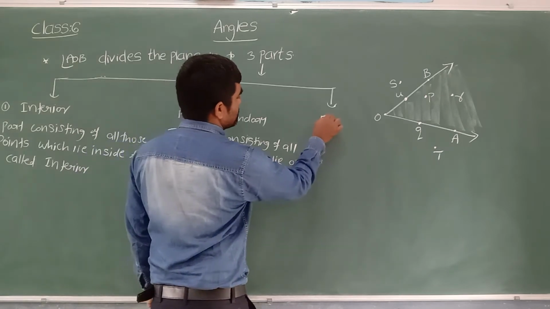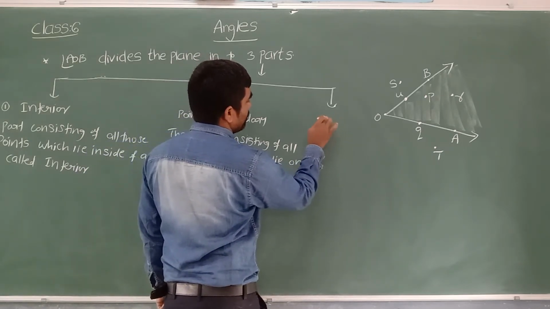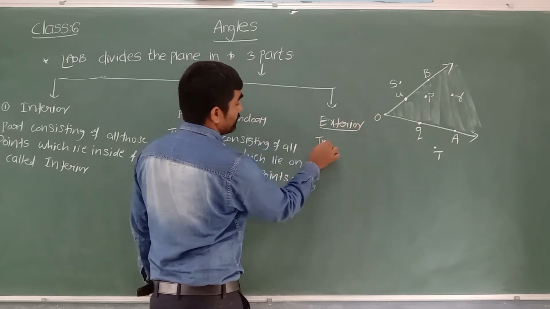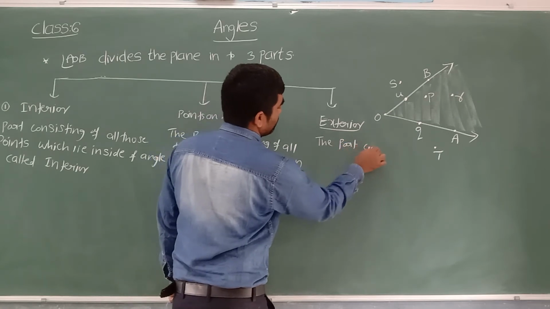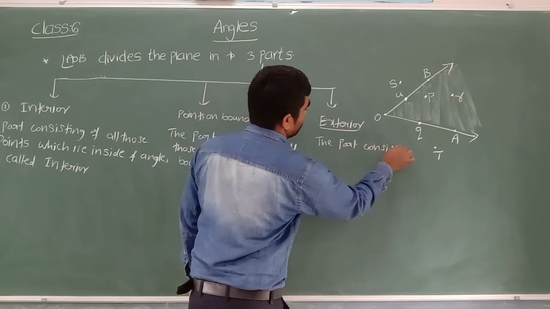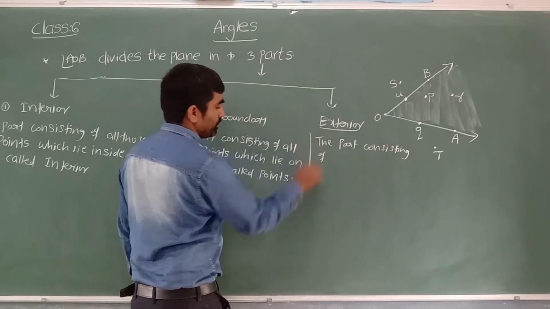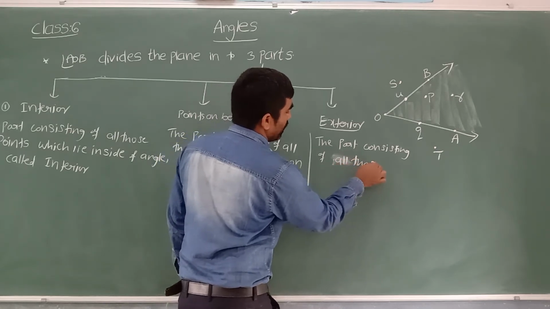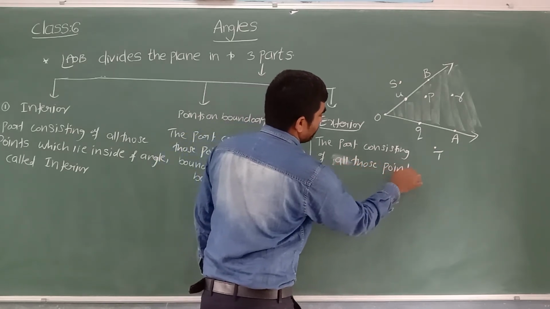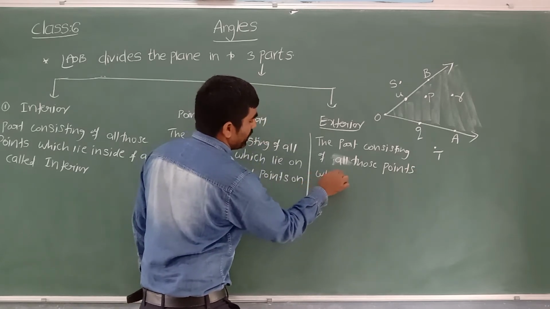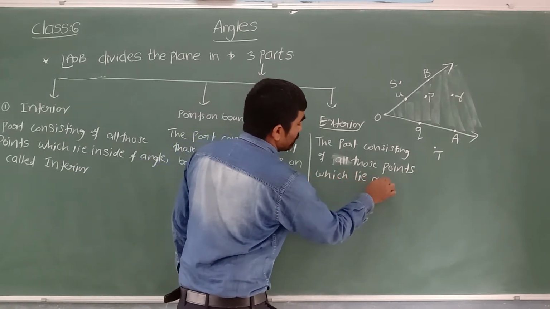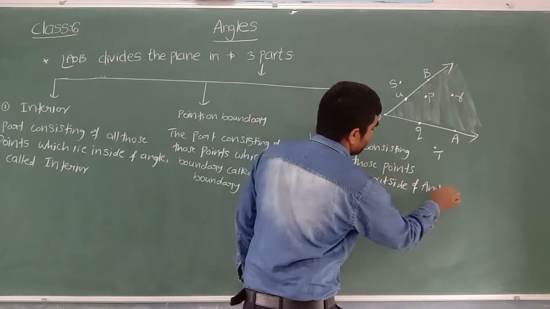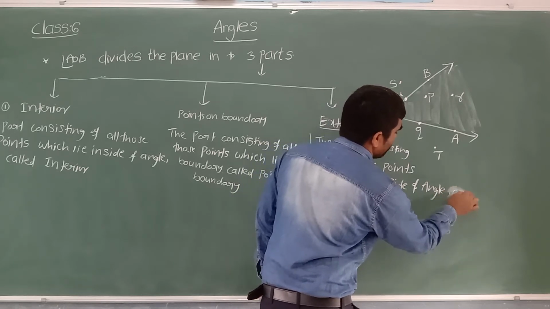Yes, one more is exterior. What is meant by exterior? Just now I said exterior means what? Outside. Yes, the part consisting of all those points which lie outside of that angle, what do we call them?